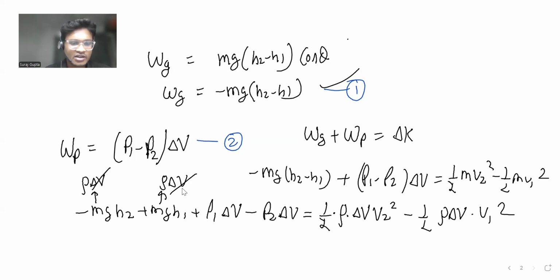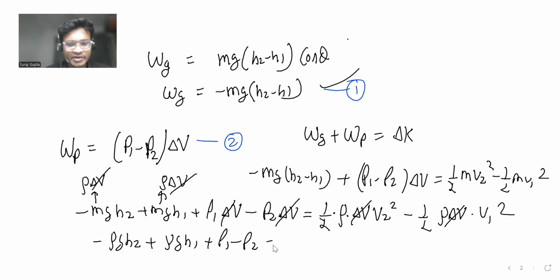So delta V is common and cancels on both sides. Eventually it is equal to minus rho g h2 plus rho g h1 plus P1 minus P2, equal to 1/2 rho v2 square minus 1/2 rho v1 square.